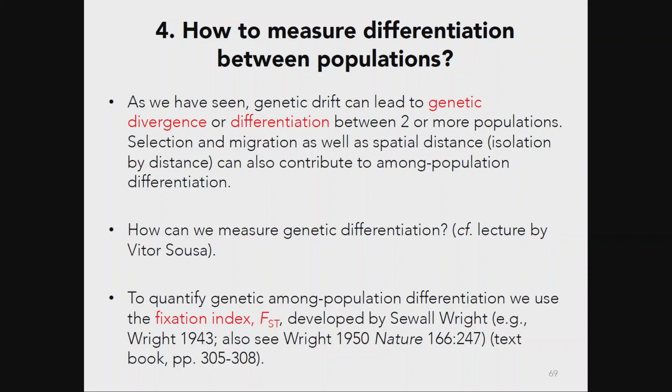Selection might favor one allele in one habitat, but another allele in another habitat. And so genetic drift can lead to this, and selection, migration, as well as spatial distance can also contribute to divergence or differentiation. One way this can be measured is by this statistic that is called FST.